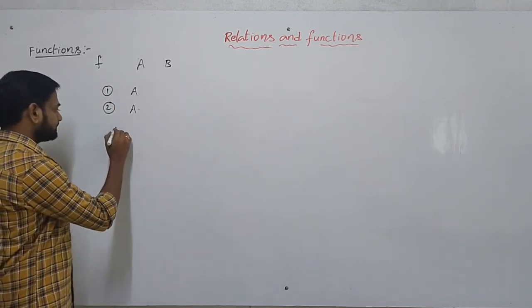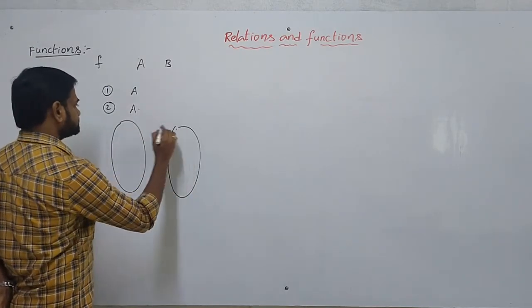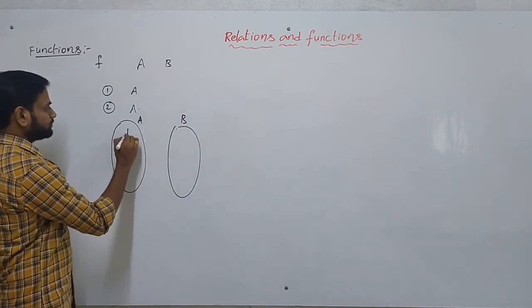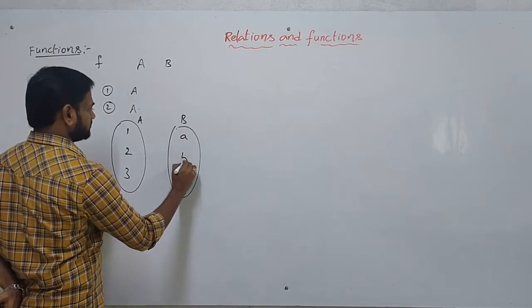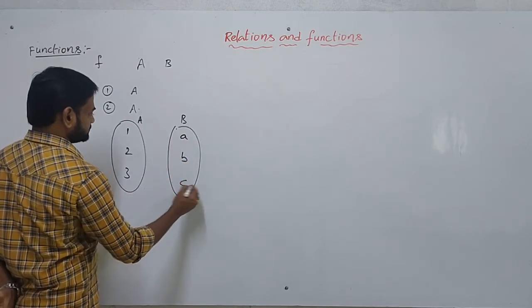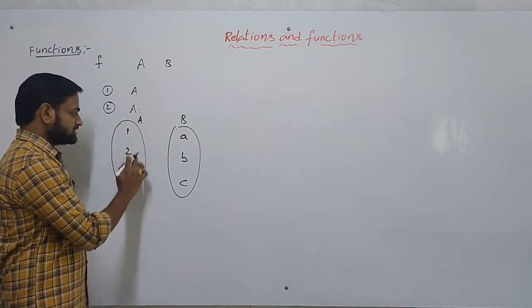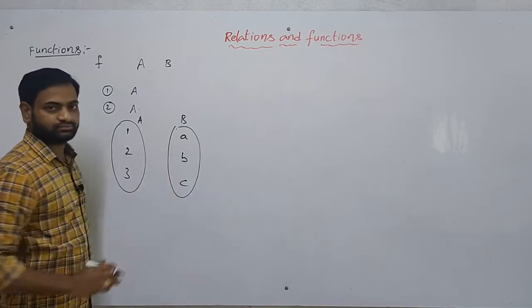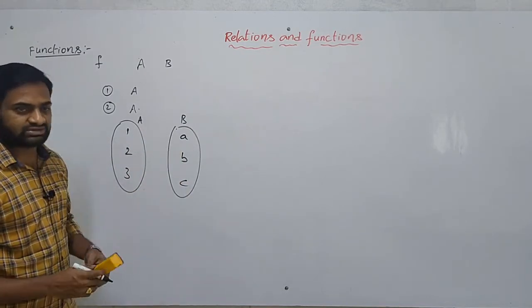See here, I am taking an example. Suppose it is A, it is B. 1, 2, 3. A, B, C. In the A set, I took the elements 1, 2, 3. In the B set, I took the elements A, B, C. Here 3 elements, here also 3 elements.